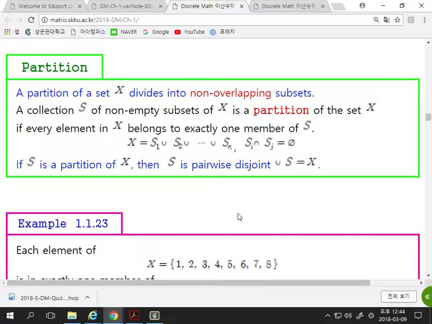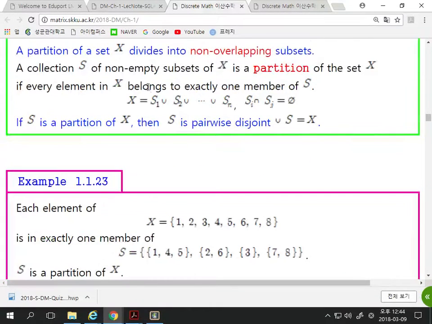So when you have a full set, if you can cut it without any intersections, then those slices are called a partition of the whole set.